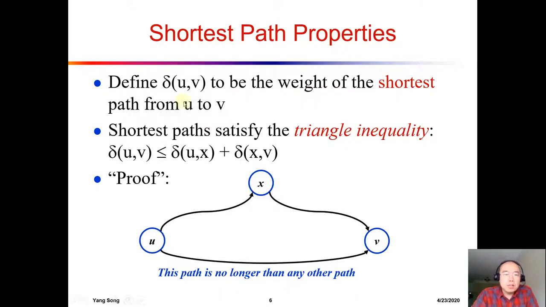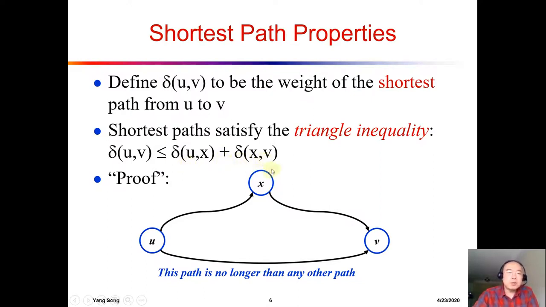So we are going to use delta UV as the weighted shortest path from U to V. And if we pick another node X in the middle, then delta of U to V will be smaller than or equal to delta U to X plus delta X to V.